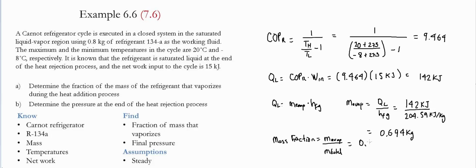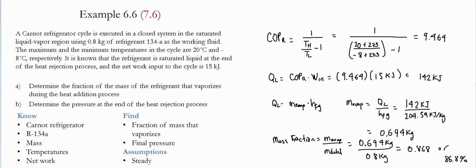So this is going to give us 0.694 kilograms, and we divide it by the total mass, which is equal to 0.8 kilograms, and the value that we get is 0.868 or 86.8%. That value indicates the percentage of the mass that is converted in the vaporization process.